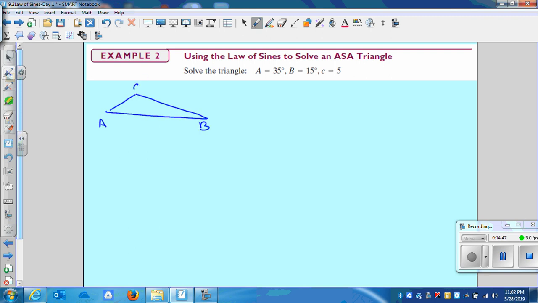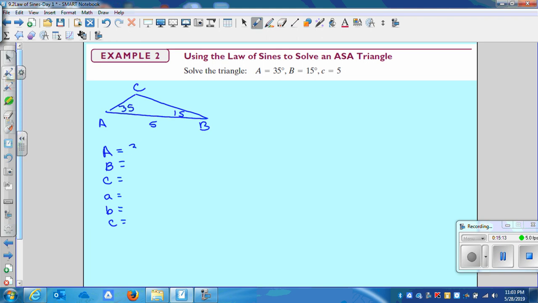And I know C is going to have to be obtuse because of the sum being 180 in the entire thing. So angle A is 35. Angle B is 15. And then side C is 5. So I'm going to go ahead and list out my capital letters for my angles, and then my lowercase letters for my sides, like that.